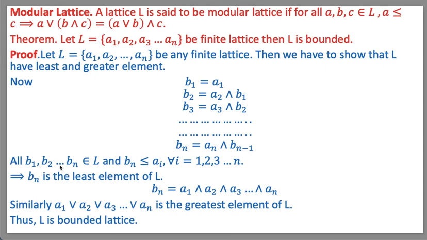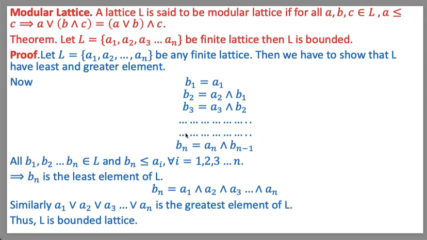It means all B1, B2, up to Bn belong to L, and Bn is less than or equal to Ai for all i equal to 1, 2, 3 up to n. It means Bn is the least element of L, and Bn is equal to A1 meet A2 meet A3 meet up to An, because we are substituting the values here.